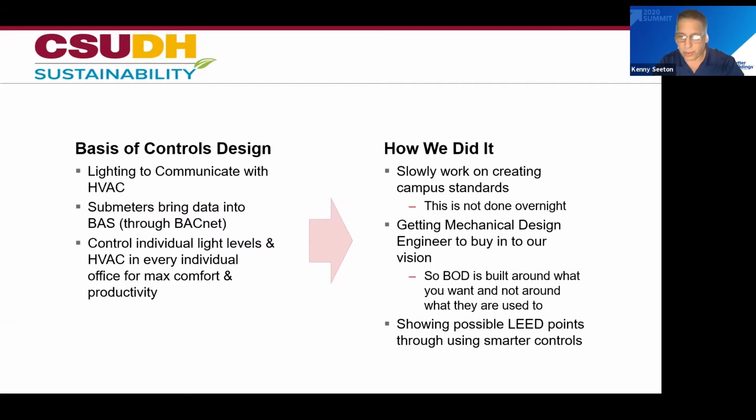How did we do it? Slowly work on creating a campus standard. It didn't happen overnight. I started playing with this in about 2014, getting to finally this year, I'm able to do entire buildings and tie it all in. I would do one classroom at a time if that's what it took back in the day. You have to get the mechanical design engineer to buy into your vision.